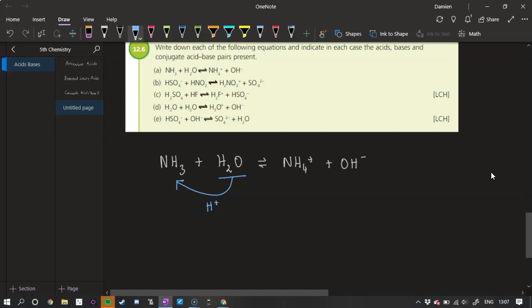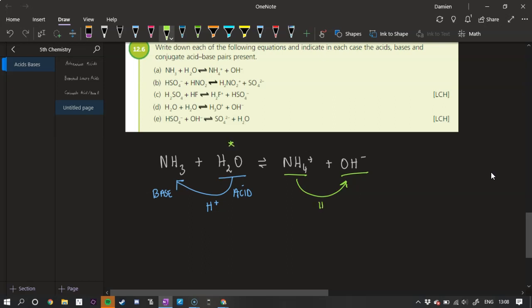If it's donating it, that means this is the acid, and if this is receiving it, this is the base. These are all equilibria, so you've got to look at it from both sides. So there's an acid and a base. On this side, if you're starting with OH minus and NH4, the hydrogen is obviously moving from here to here because OH minus ends up at H2O.